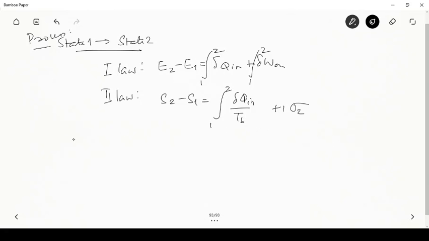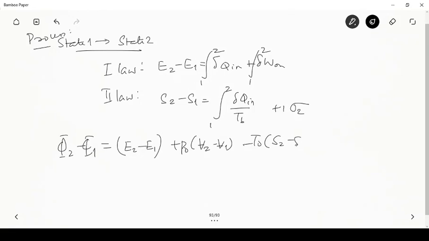Now if I substitute these two expressions into phi2 minus phi1, the change in exergy between the two states, that will be equal to E2 minus E1, plus P naught into V2 minus V1, minus T naught into S2 minus S1. Now substitute for S2 minus S1 and E2 minus E1 from here.